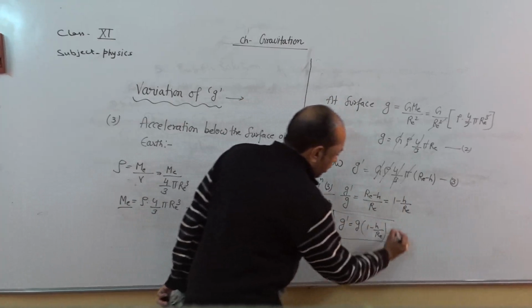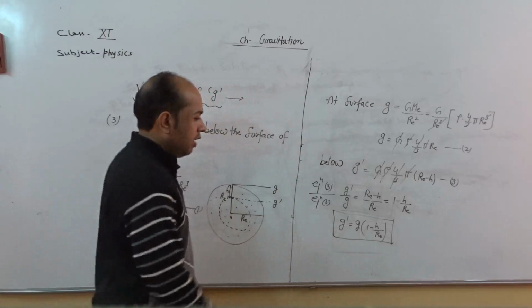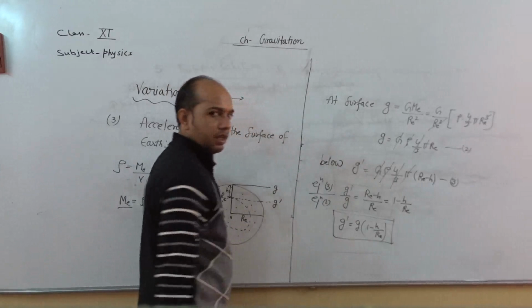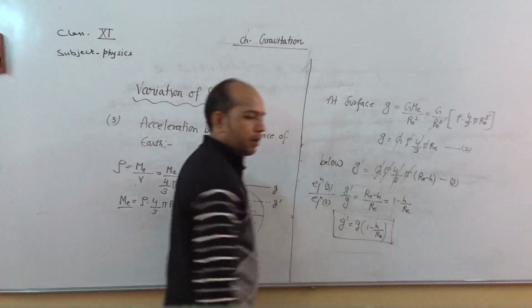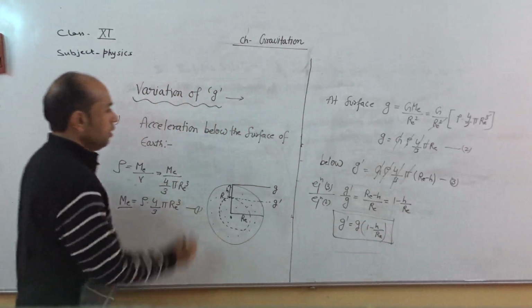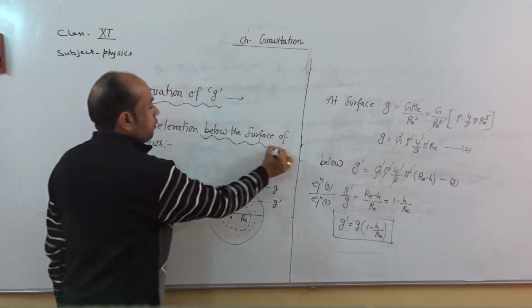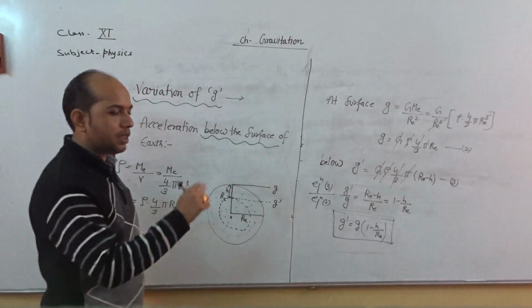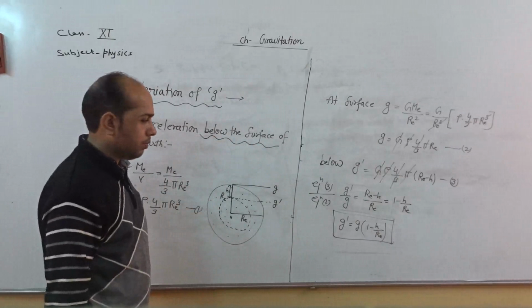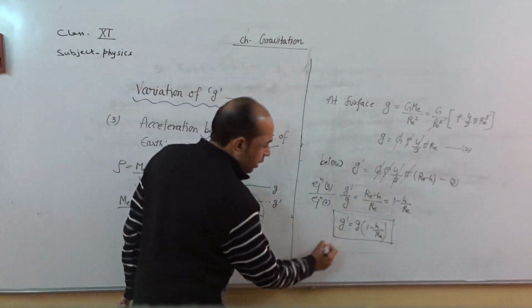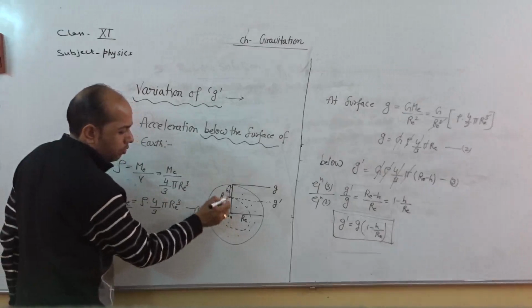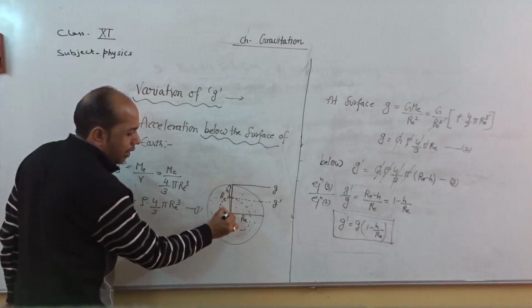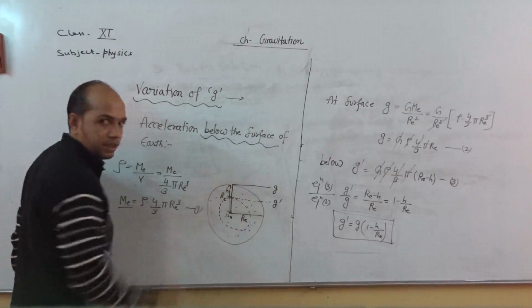Again we see the approximate result. If g dash equals g, then the value remains the same, but still some term is to be subtracted. That means if we go below the surface of earth, again gravitation acceleration decreases. And if we talk about the center, in order to calculate the acceleration at center, height and radius remain the same.